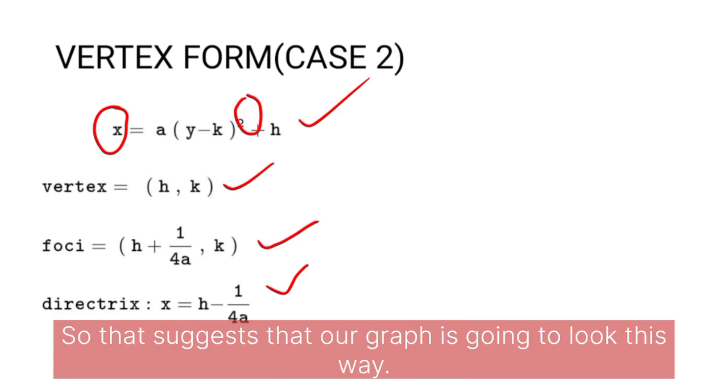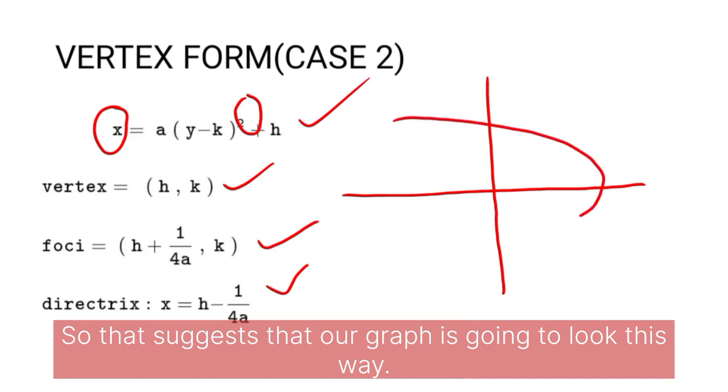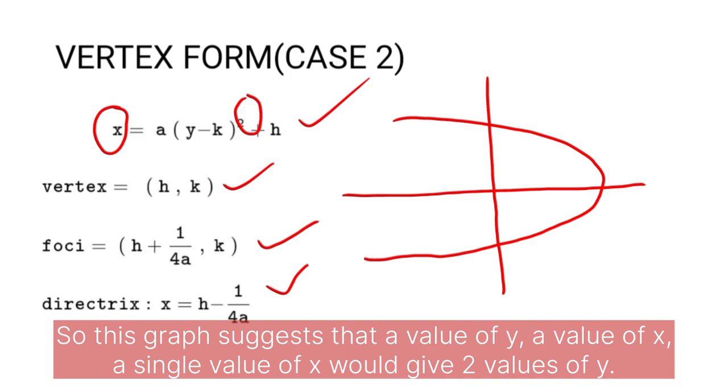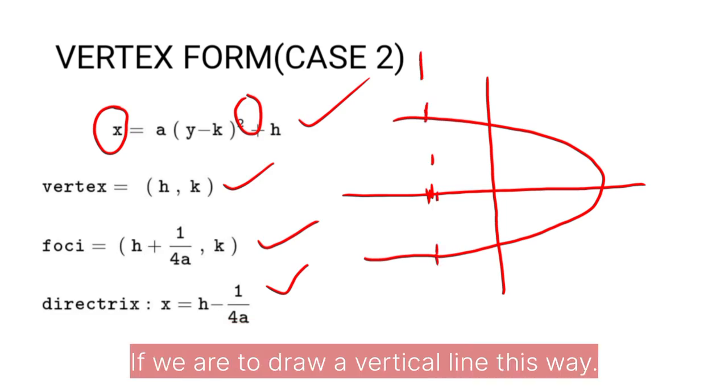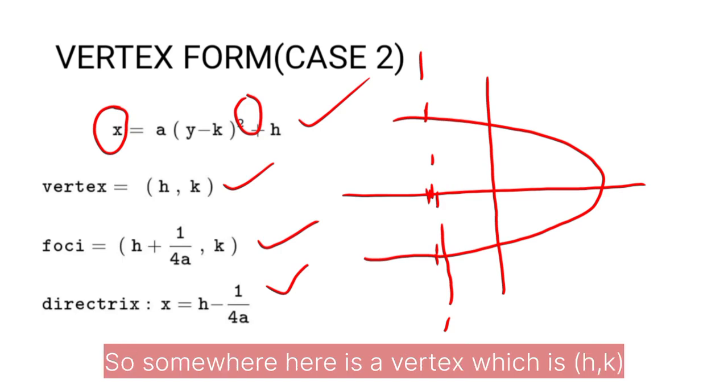So that suggests that our graph is going to look this way. A single value of x would give 2 values of y if we draw a vertical line this way.